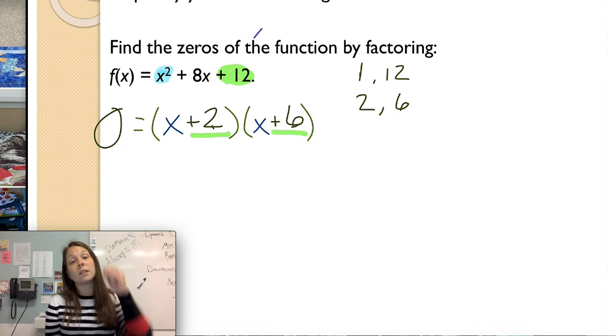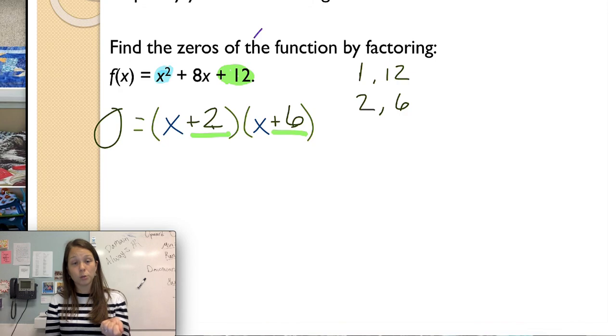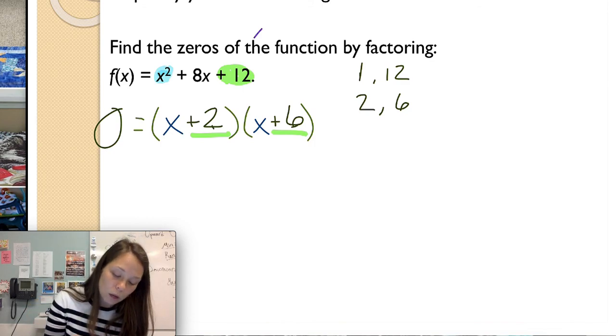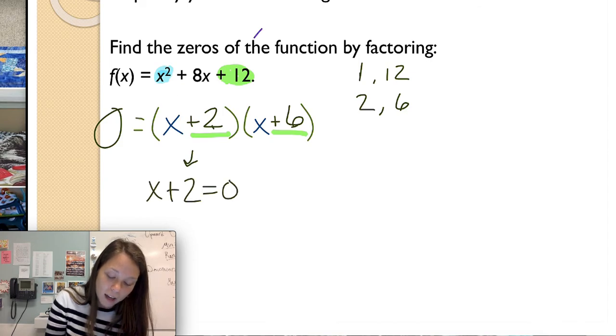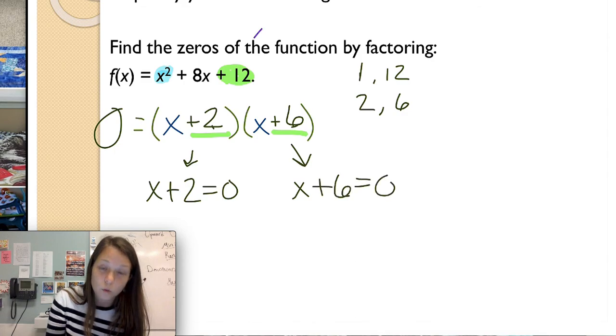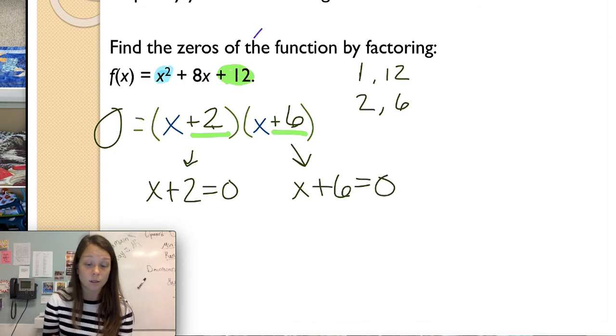So now we have 0 equal to x plus 2 times x plus 6. The only way to multiply two things together and get 0 is if one of those numbers is 0. This is where we apply the zero product property: we take each of the factors, break them apart, set each individually equal to 0, and solve for x.